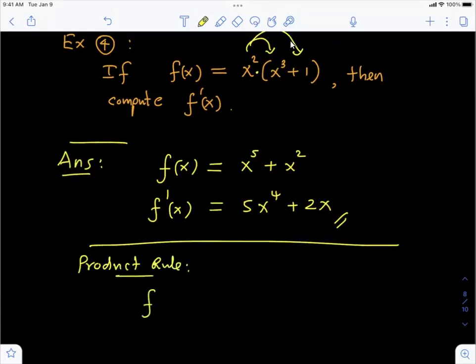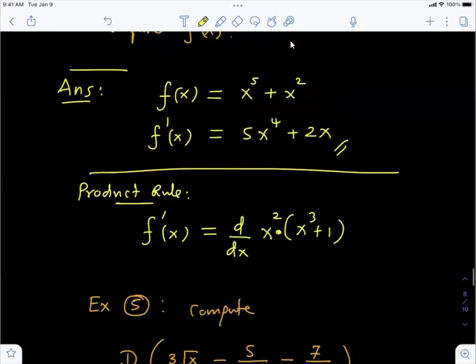Now, if you take the derivative of this right away, this is none other than the derivative of x squared times (x cubed plus 1). Now, if you try to do it just like that as a product, don't forget the product rule.